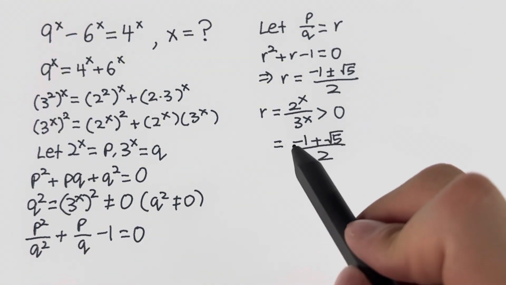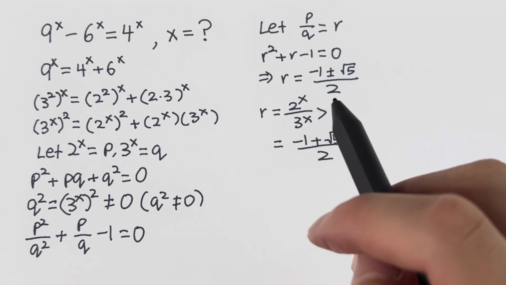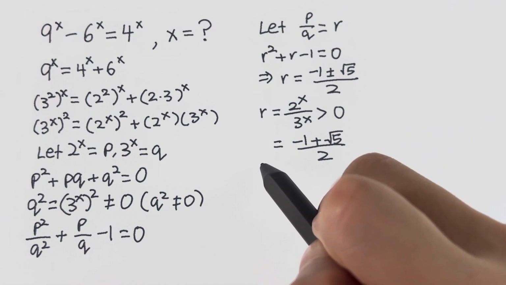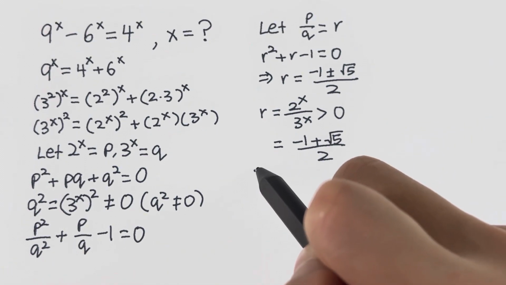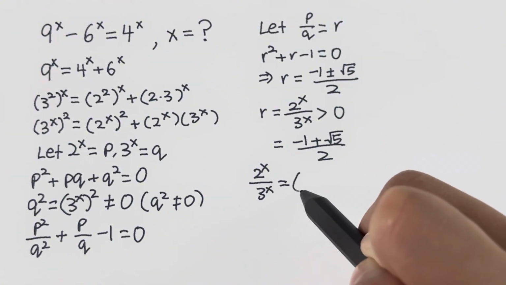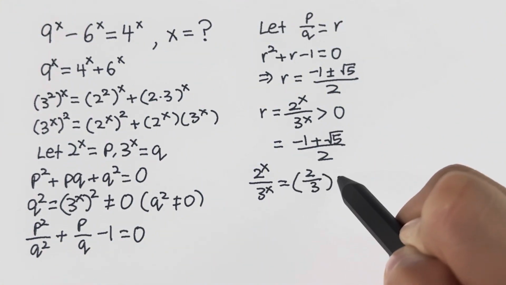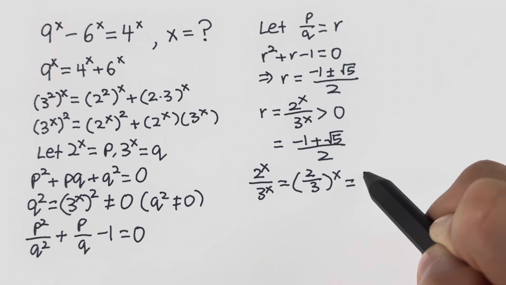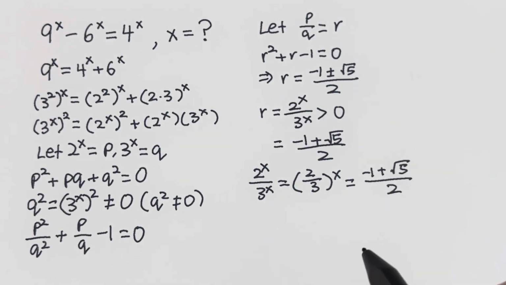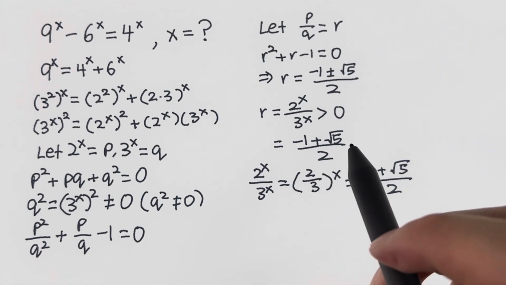Then we can just plug it back in. So we know that r equals p over q, which is 2 to the power of x divided by 3 to the power of x, equals 2/3 to the power of x, equal to negative 1 plus square root of 5, divided by 2. To solve these kinds of exponential equations, we will have to use logarithms.